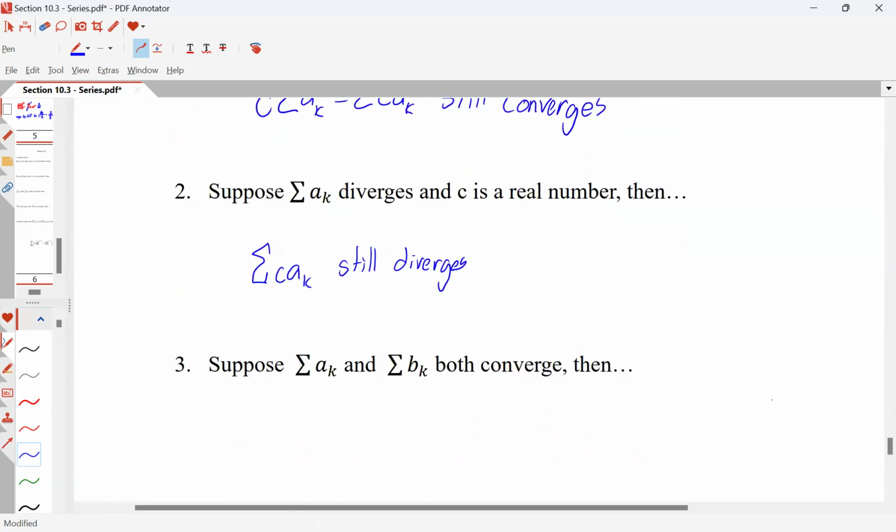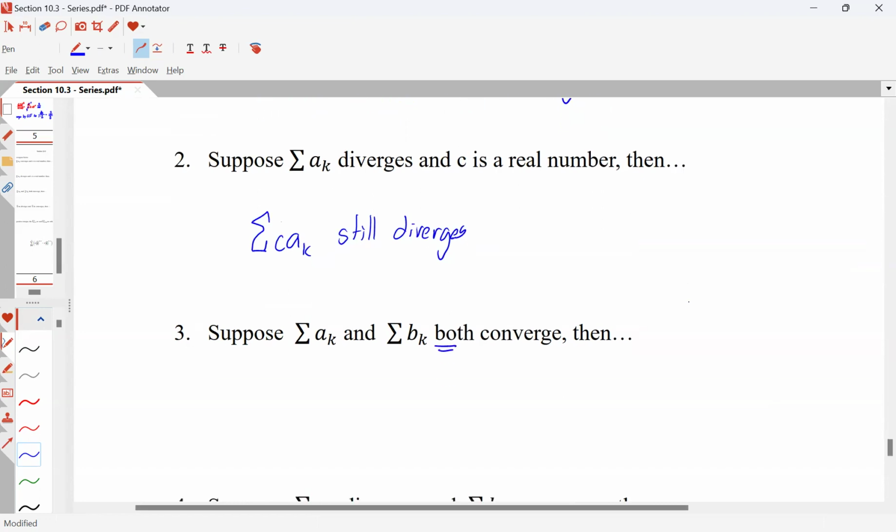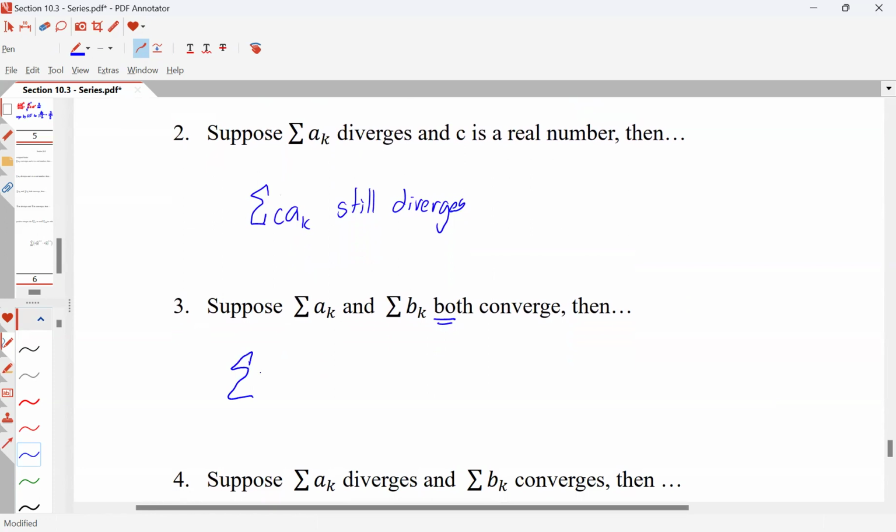Suppose I have two series that both converge. Then if I add them together, that would be the same as taking one series plus or minus the other series. So I can split them up, and this still converges.